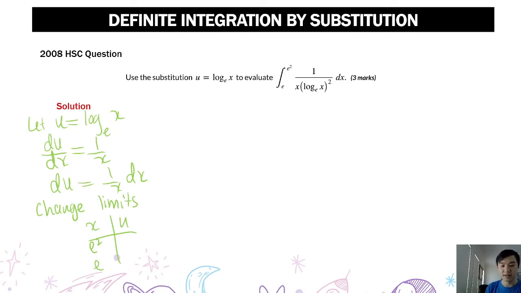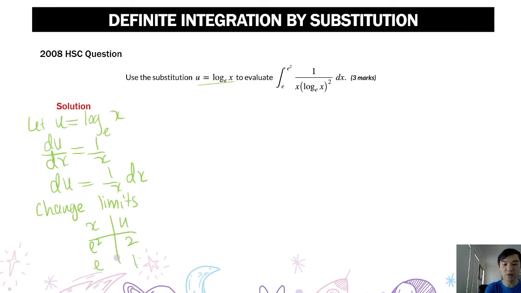The way I'm going to find our new limits is to simply take the substitution and plug in our value for x to see what our new value of u is. When x is equal to e, log base e of e is just simply going to be 1. And when x is equal to e squared, log base e of e squared is simply going to be 2. So our new limits are from 1 to 2.